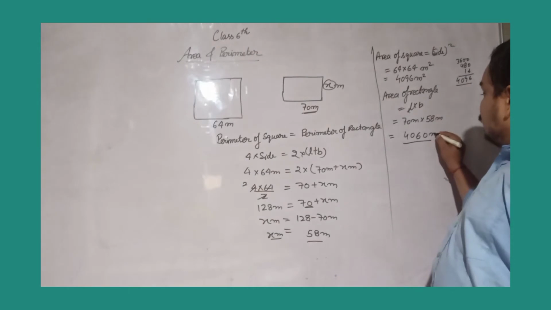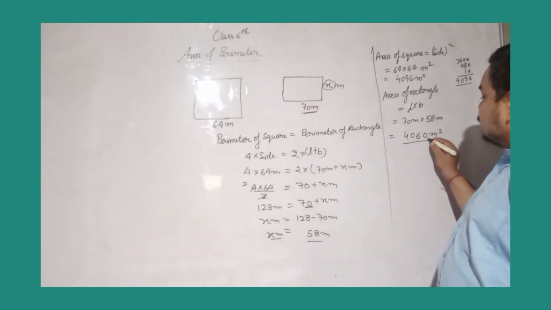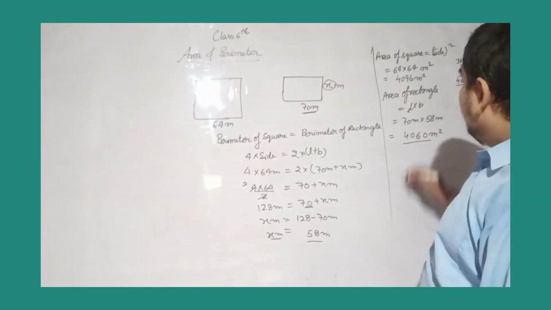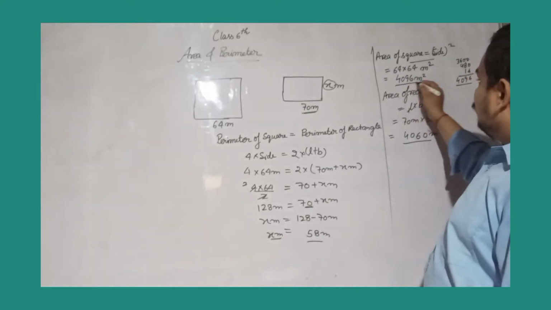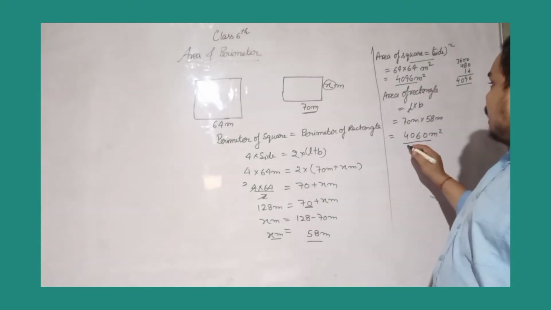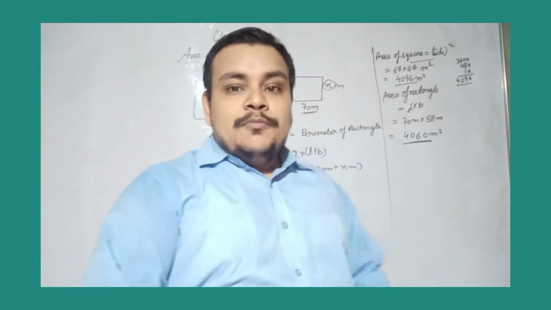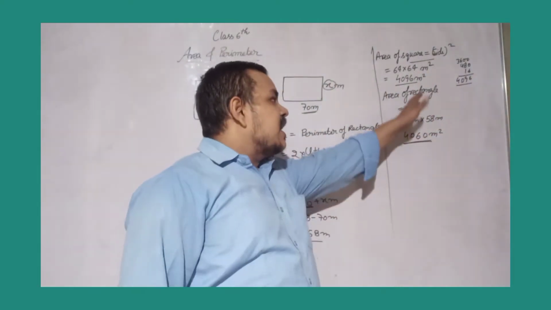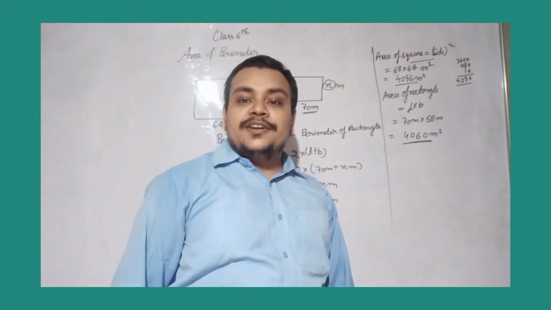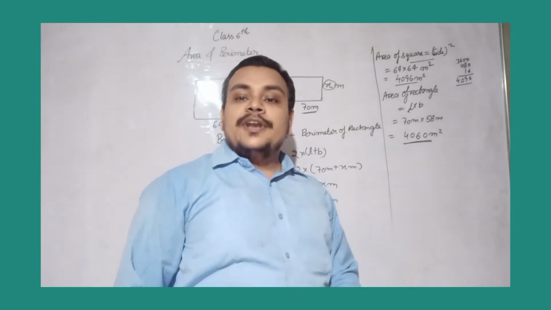It became 4060 meter square. Area of a square is 4096 meter square and area of rectangle is 4060 meter square. So directly we can say that area of a square is greater than area of rectangle.